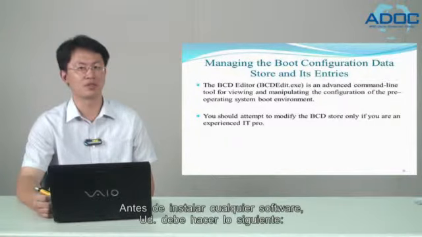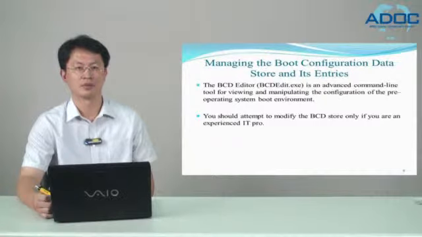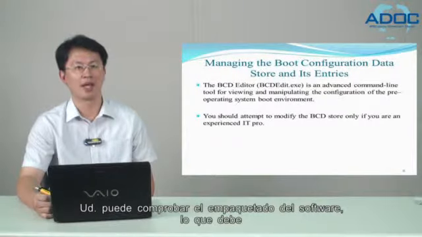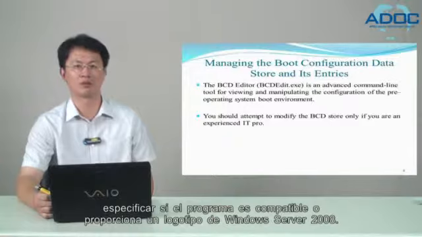Before installing any software, you should do the following. Check to see whether it is compatible with Windows Server 2008. You can check the software packaging, which should specify whether the program is compatible or provide a Windows Server 2008 logo.